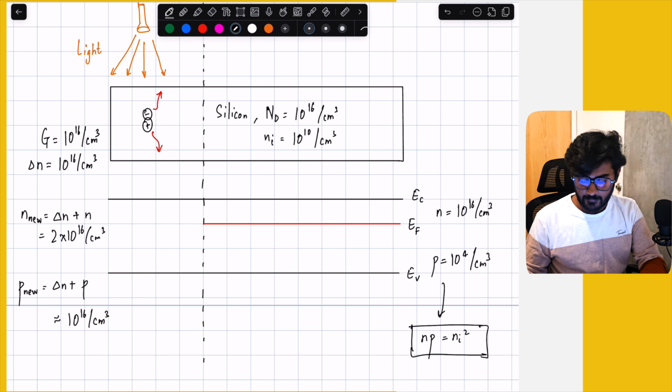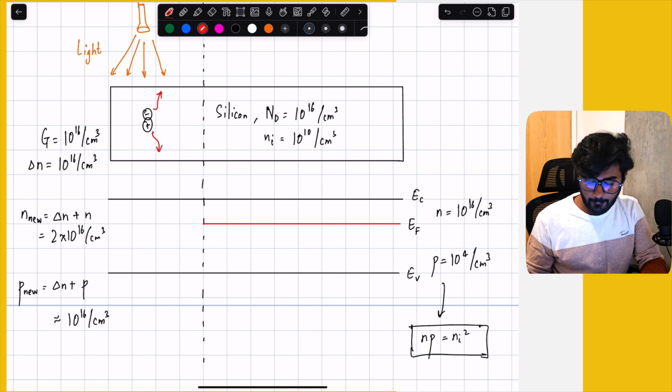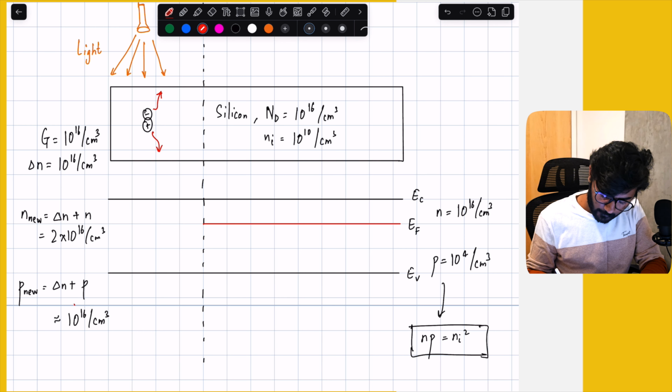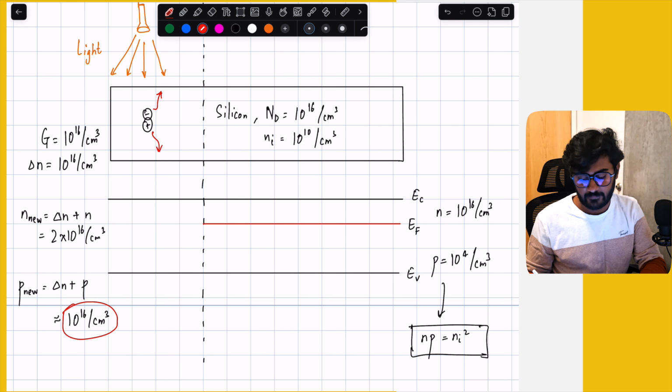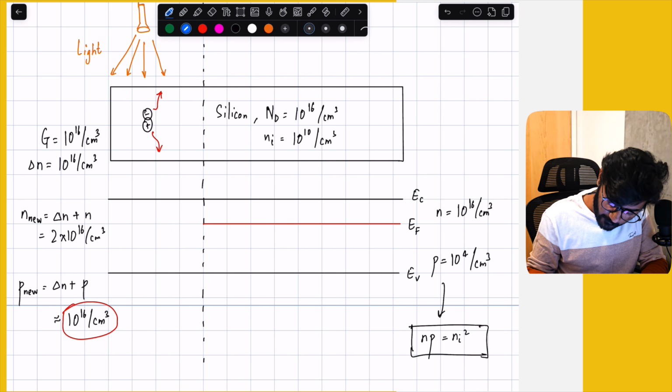Now clearly we can see a problem here. With just one Fermi level, we won't be able to tell what the electron and hole concentrations are, because we see that both have changed. Especially, we can see that the hole concentration has changed significantly. So what happens is the Fermi level actually splits.